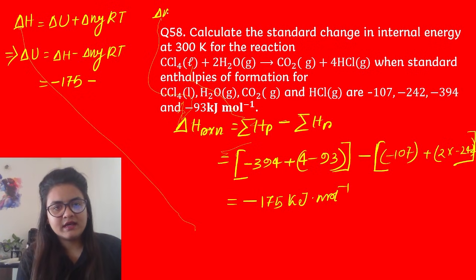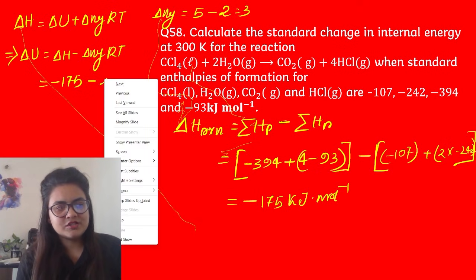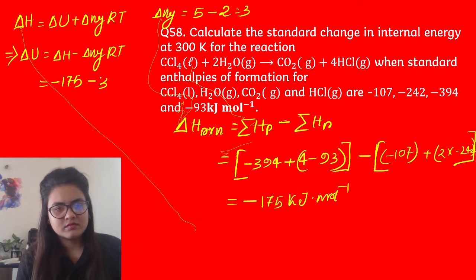So delta Ng is how many products? 4 plus 1, both of them are gaseous. So 5 minus 2, that is 3. So 3 into 8.314, in kilojoule, right? So 10 power minus 3, into temperature, which is given as 300 Kelvin.